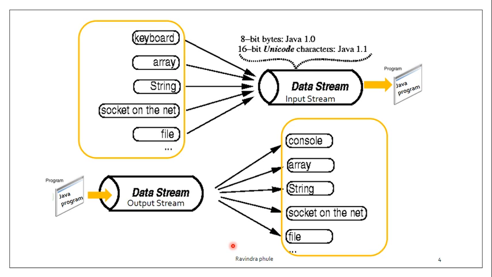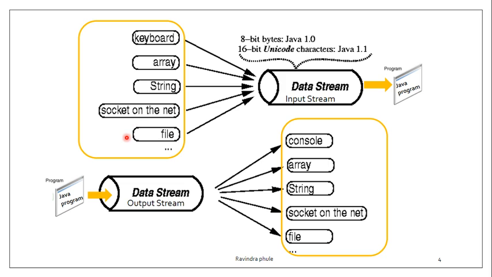Before moving to the different approaches of Java input, try to understand what an input stream is and what an output stream is. These are all sources. What are the different kinds of sources? Keyboard, array, string, network socket, another file, or something else.